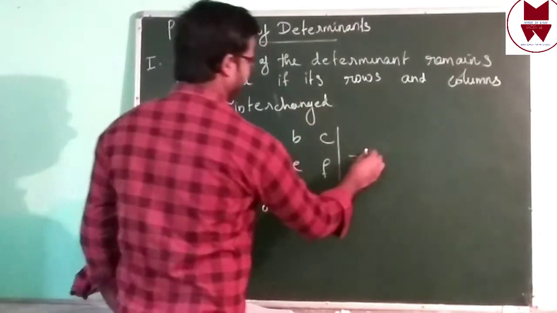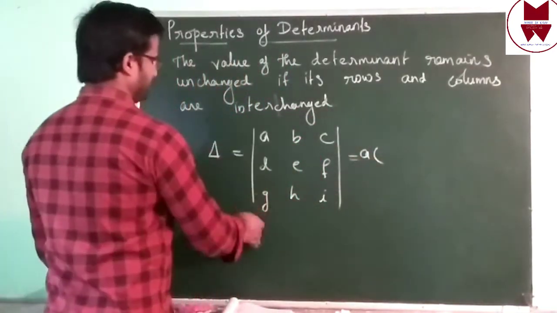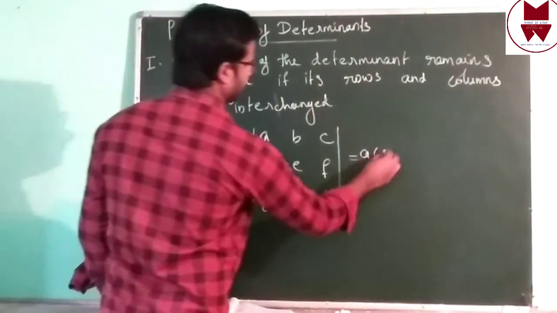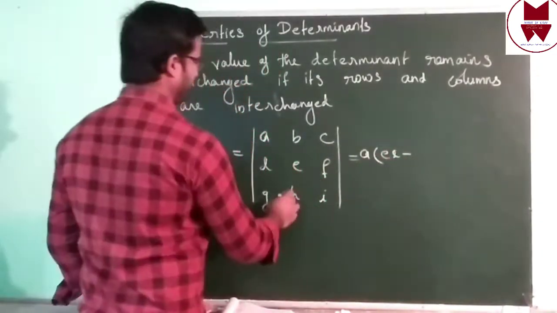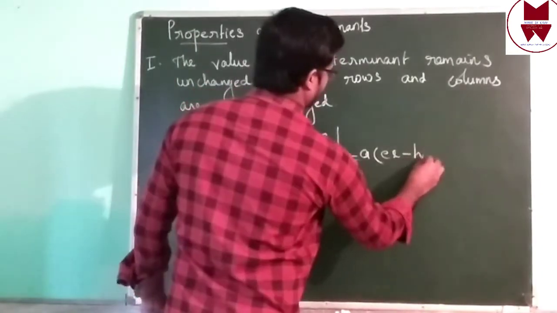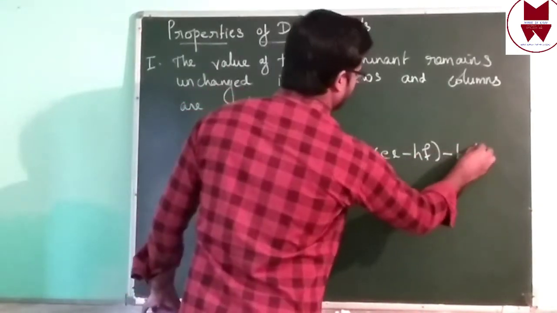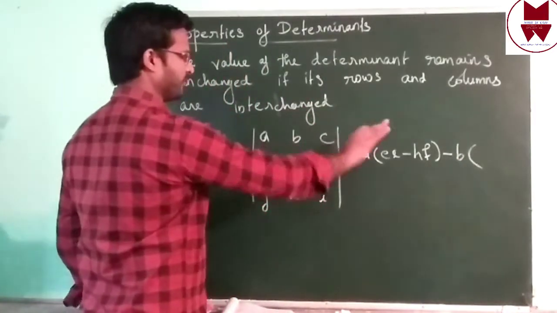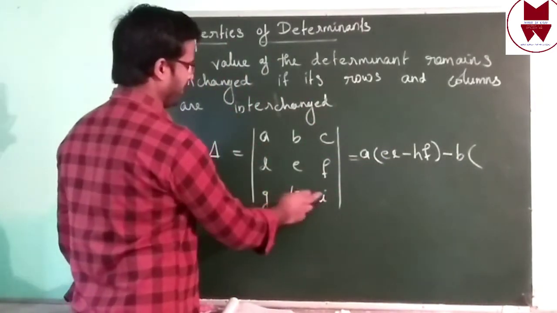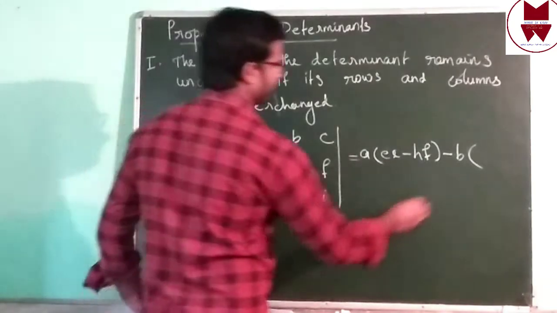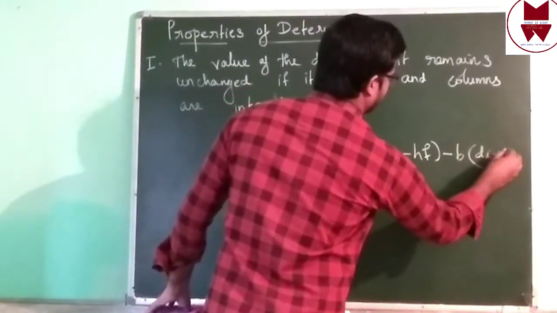How can we write: A into, leave its row and column, then EI minus HF. Then minus B into, second column on first row, leave it, then remaining DI minus GF.